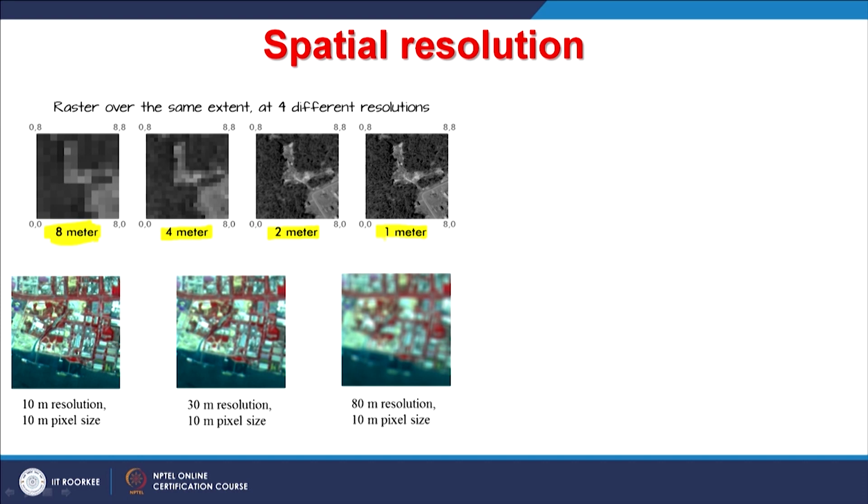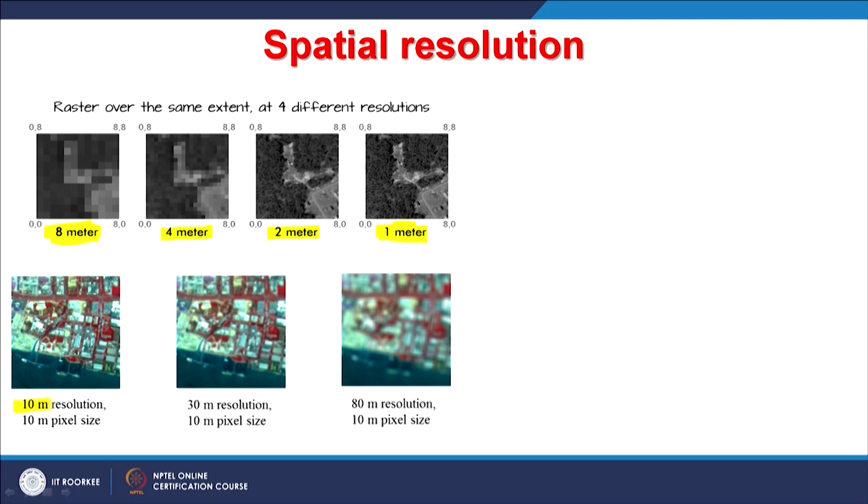And when the same sensor is acquiring at 1 meter, as you can see, the 1 meter resolution image is showing much more details as compared to 8 meter. In the 8 meter image, in this example, hardly you can distinguish anything. Even on 4 meter resolution you cannot, but on 2 meter, yes, you start distinguishing things quite easily, and in 1 meter of course in a much easier way.